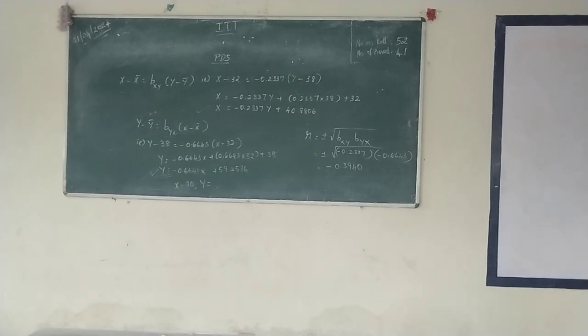Is the problem easy or difficult? Easy only, but as usual, since it is maths, you have to be careful in each and every step. When you subtract and multiply, you should be careful with your positive and negative signs.